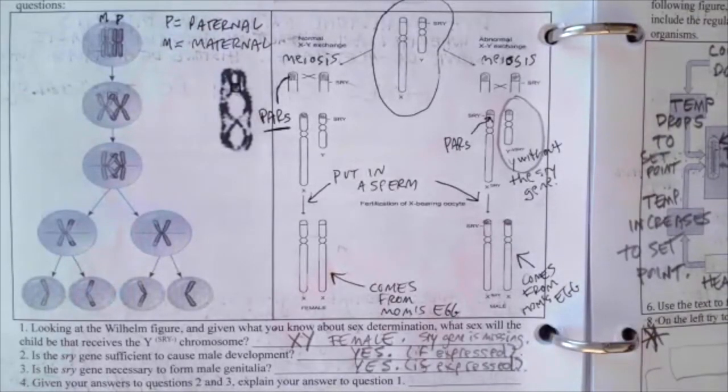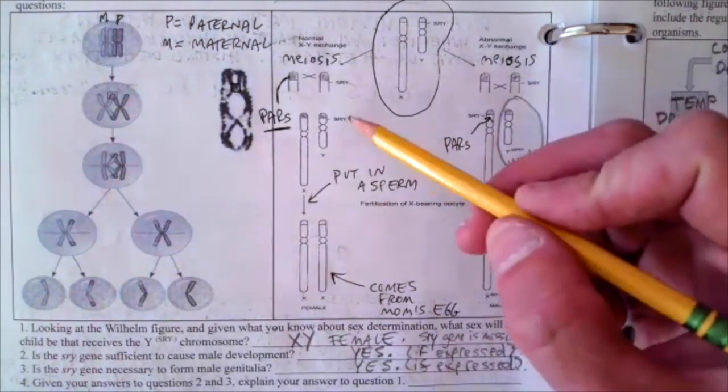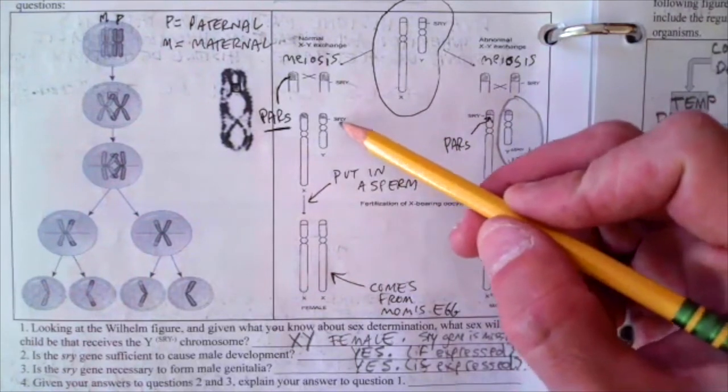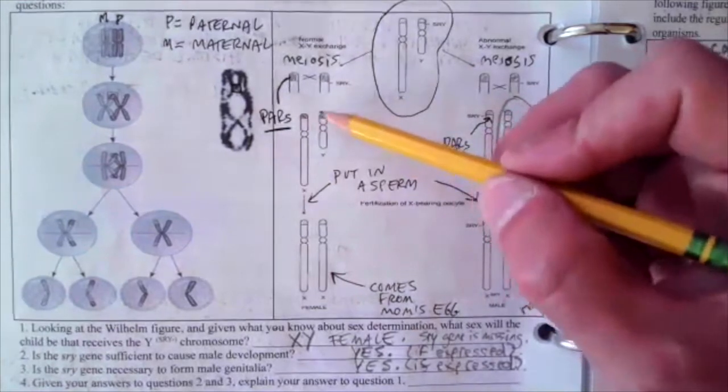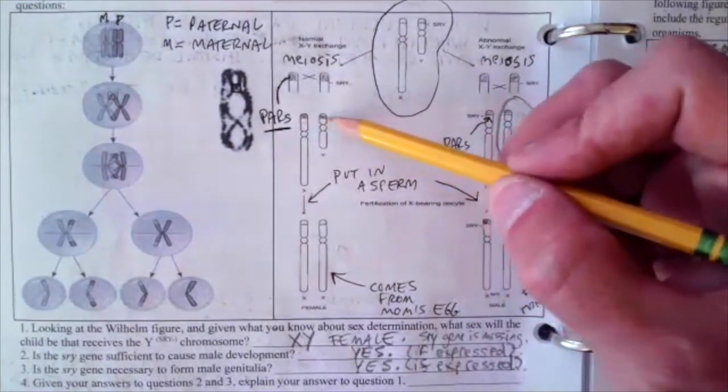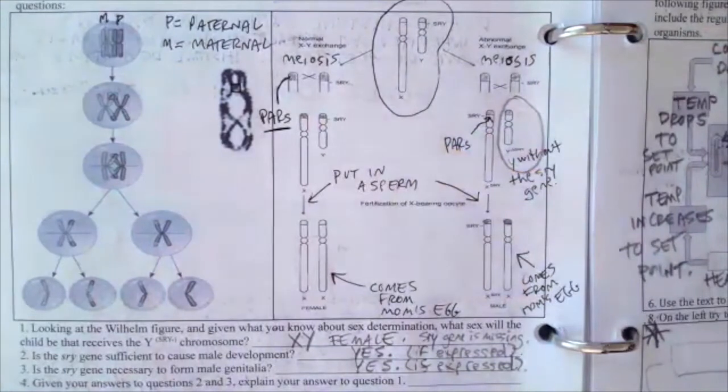It's on the bottom of the Y chromosome, not on the side with the pars. Wait, is the pars the top of the X chromosome? This part here on the X and Y is the pars. Where is the SRY gene in relationship to the pars region? Is it adjacent? Is it close to the pars?